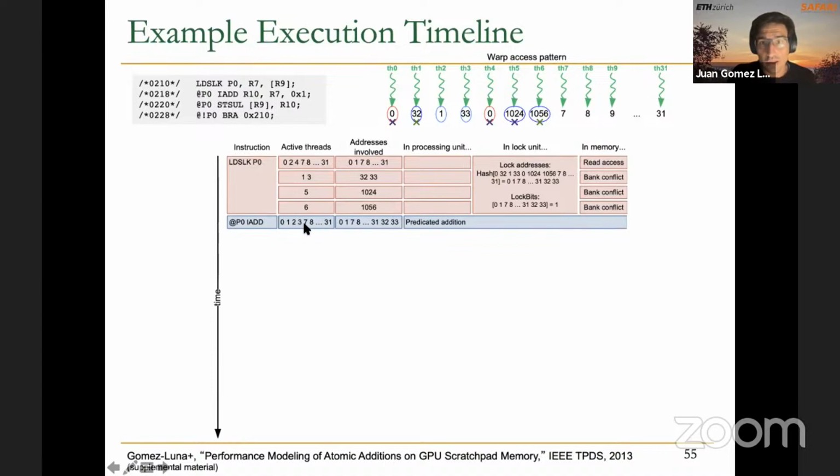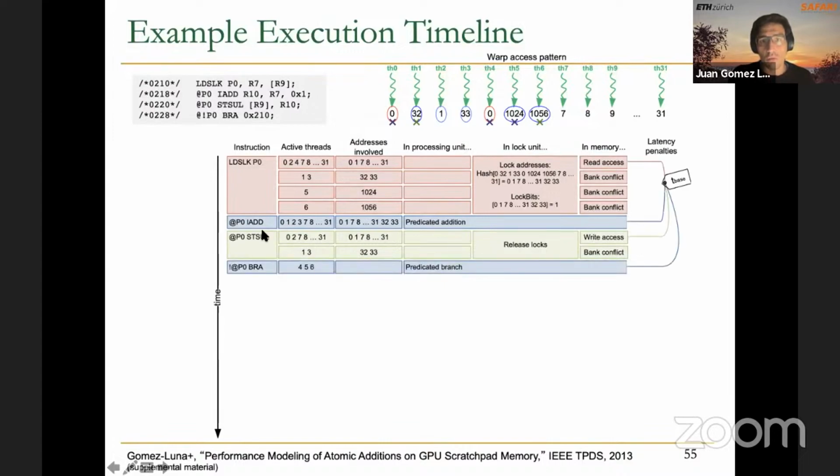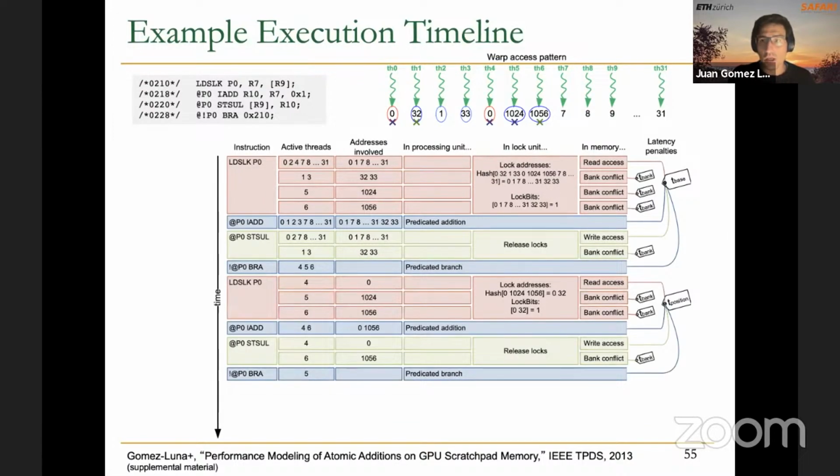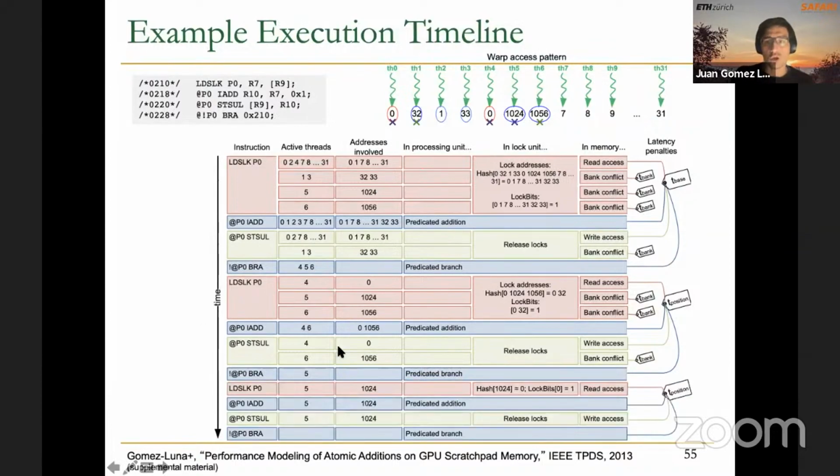Thread 4 is not active because the lock was acquired by thread 0, right? So observe that thread 0 and thread 4 have to update the same address 0. So only one of them succeeds, and only one of them can execute the predicated addition, and then the corresponding store and unlock operation. And here we have the branch, and the execution continues because the remaining threads, those that couldn't acquire the lock, have to try again, and so on and so forth.